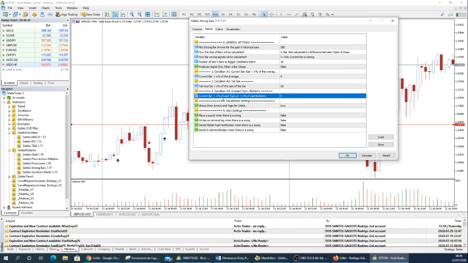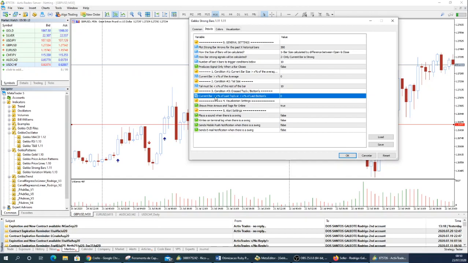And then at condition number 3, I want the current bar to be greater than X% of the last tops, if we're talking about a long bar, a bullish bar, or I want the current bar to be less than X% of the last bottoms, if the bar in question is bearish, a short bar.